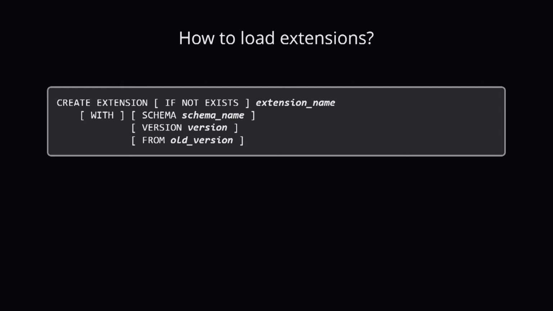When you execute this command, database will search for the control file of your extension and load dynamically loadable code written in C inside the Postgres process.